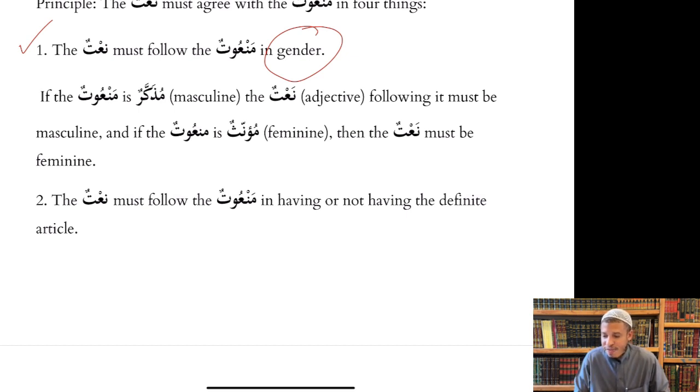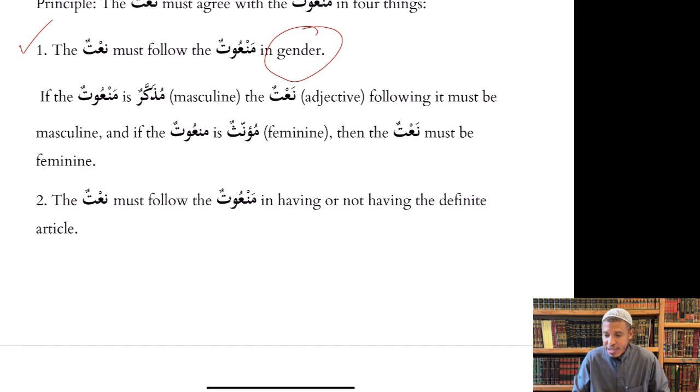All right, number two. The na'at must follow the man'ut in التعريف والتنكير, in having or not having the definite article. It must follow it in ta'rif, in tankir, whether it has the definite article or whether it doesn't.